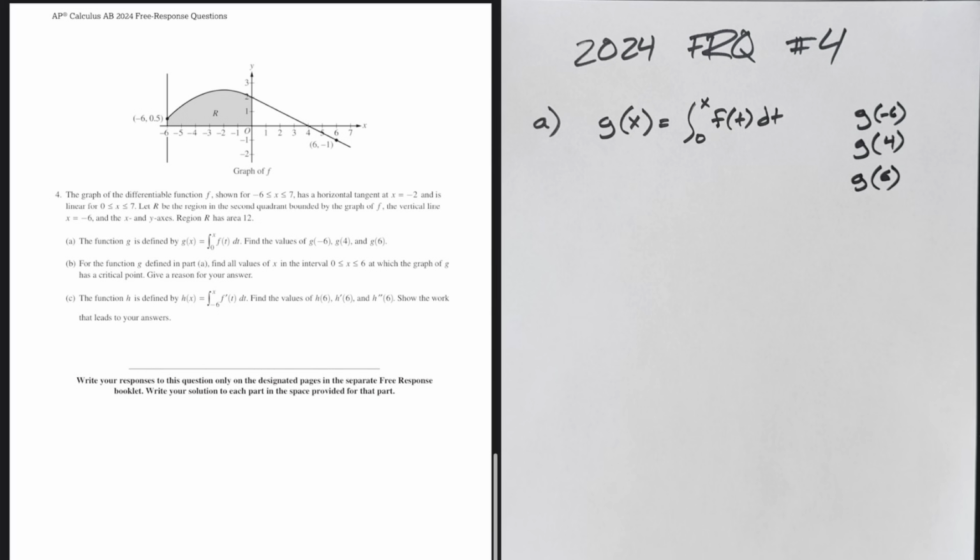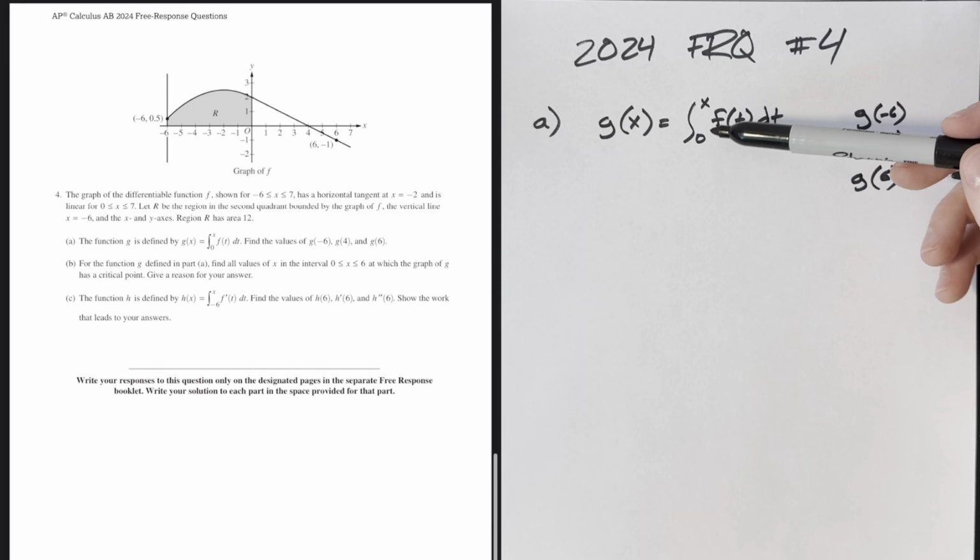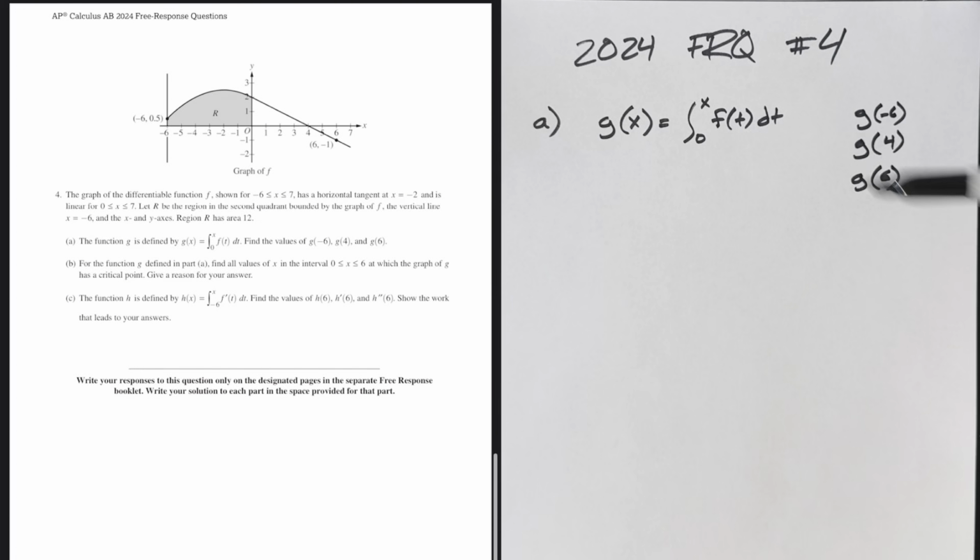One of the very important things we need to understand about integrals is that when my integral goes from a smaller number to a larger number, the integral of that function will give us the area under the curve.